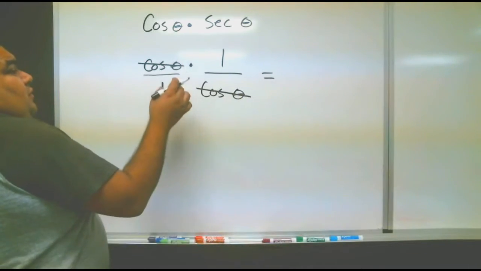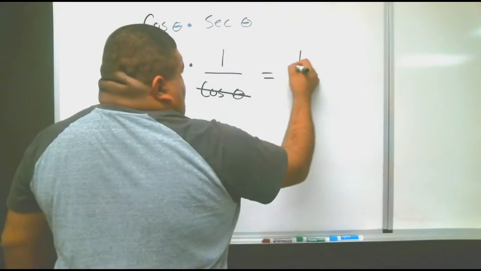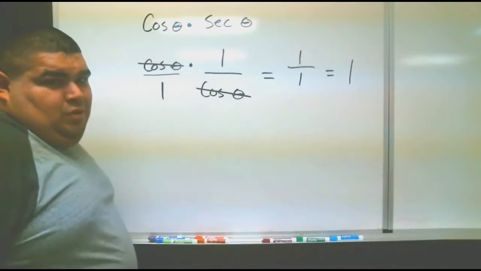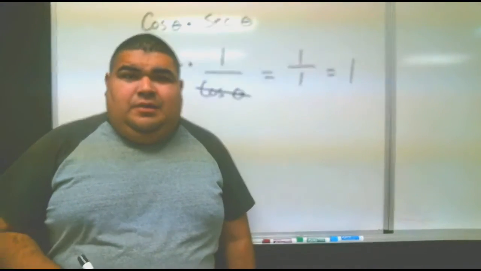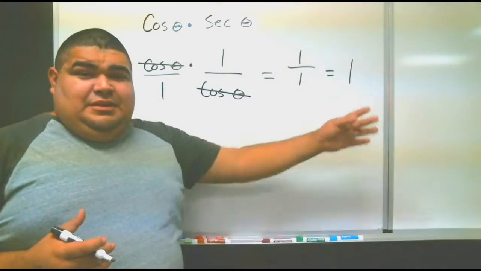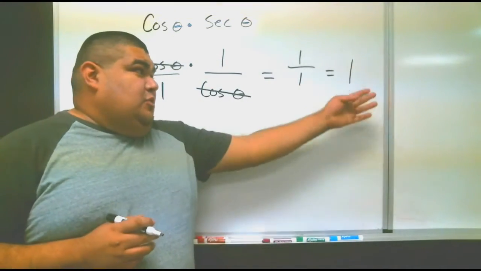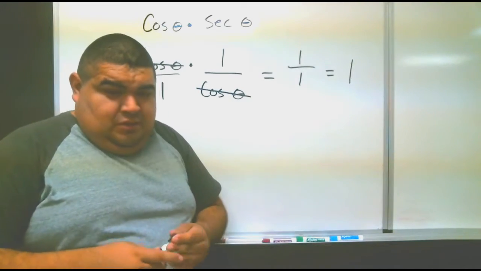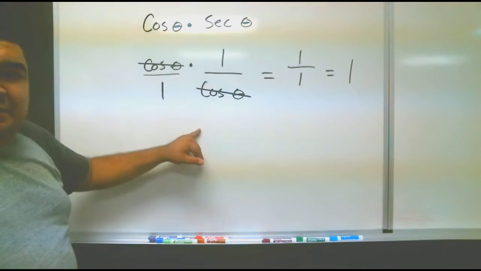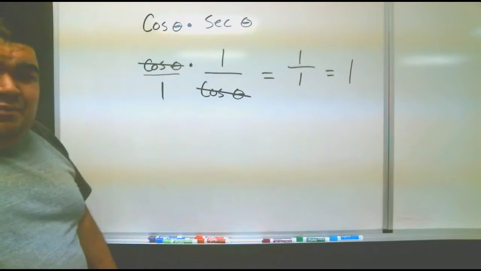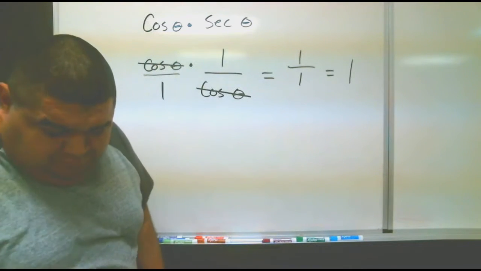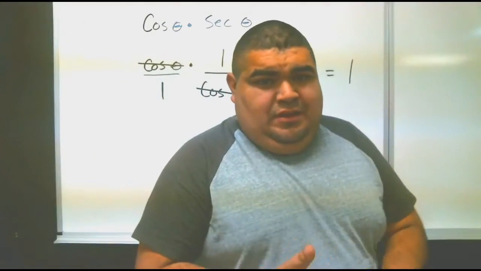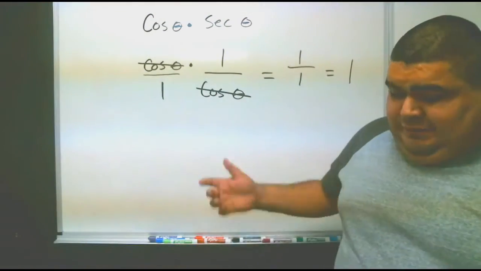We're left with 1 over 1, which technically becomes just 1. This is why I say sometimes we're going to solve for them, sometimes we're only going to simplify them. This one we actually solved because it became 1. Notice that we cancel out something from the top, something from the bottom that was the same. All right, this was a very, very simple one. Keep in mind, again, we solved for it.